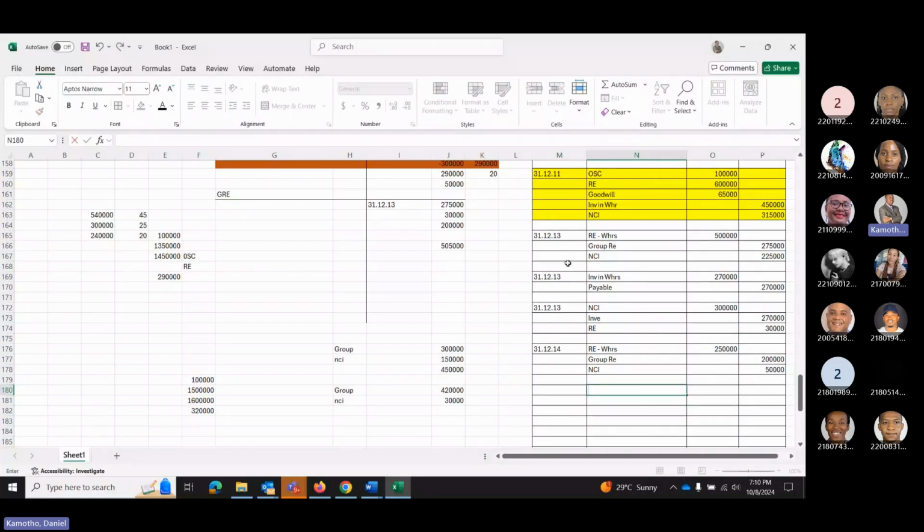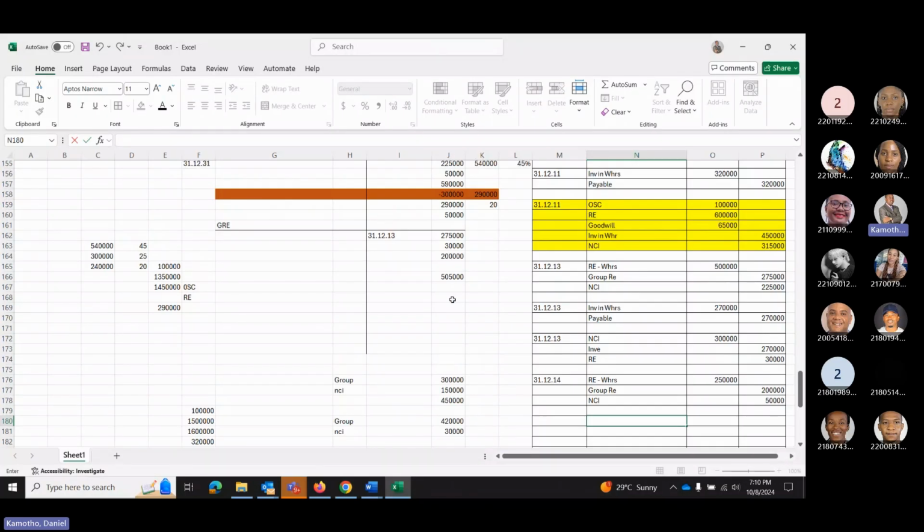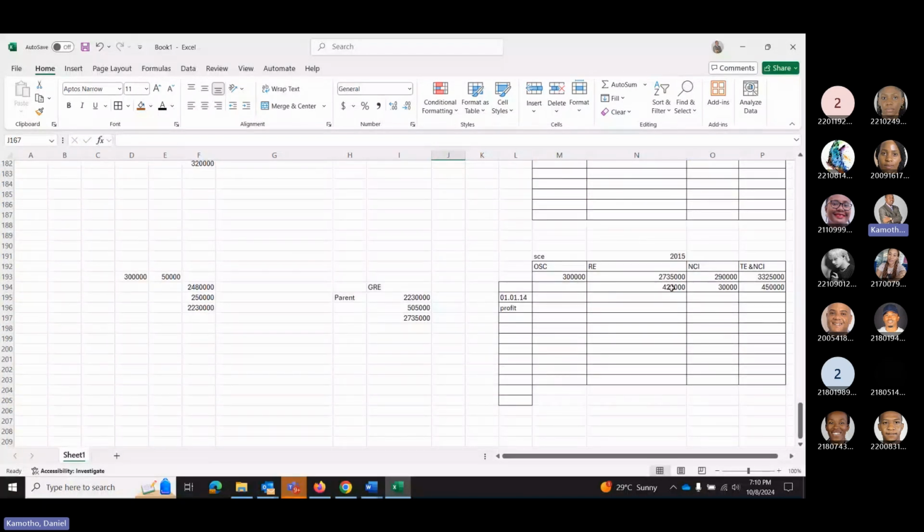During the year, of course, the parent made 420. So the 420 is everything, and when we go to the statement of changes in equity, 420 is everything, and this is NCI. Just before, let me work out what NCI is at that point.